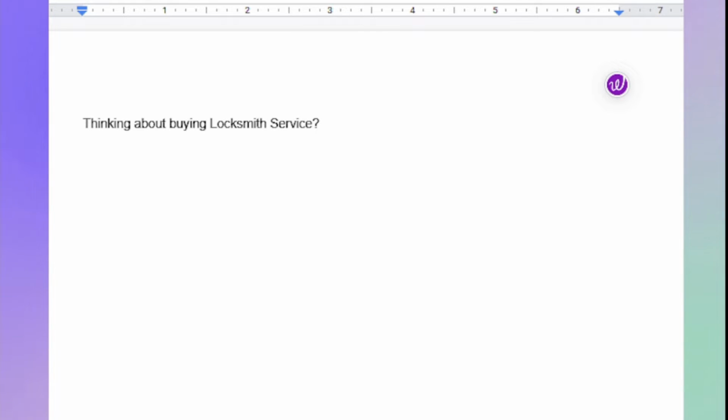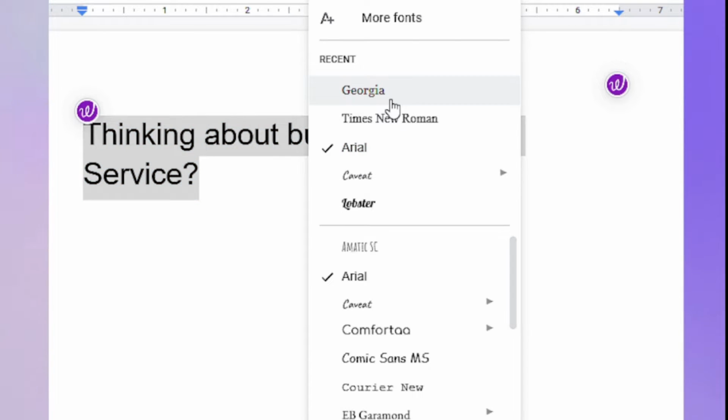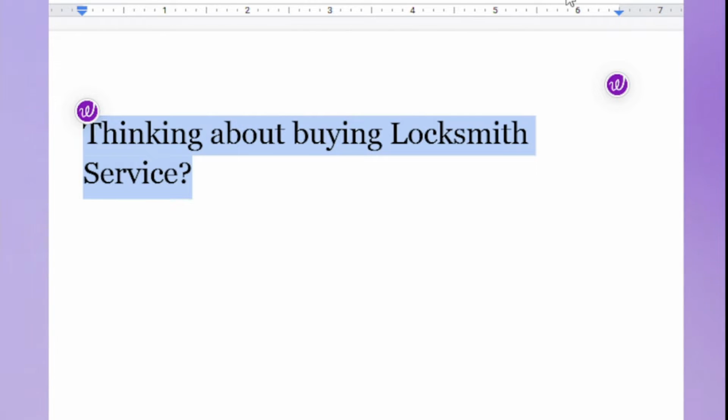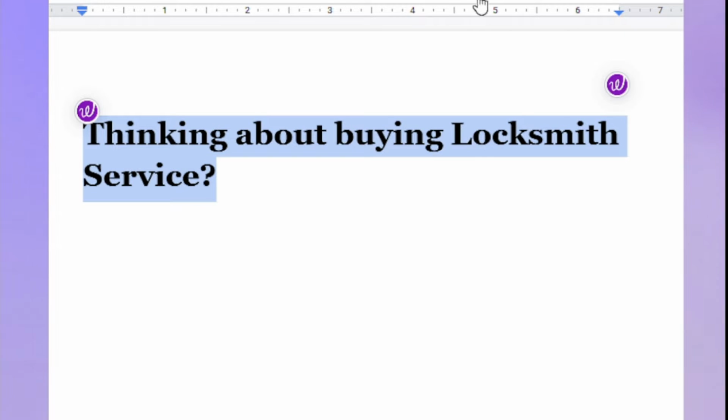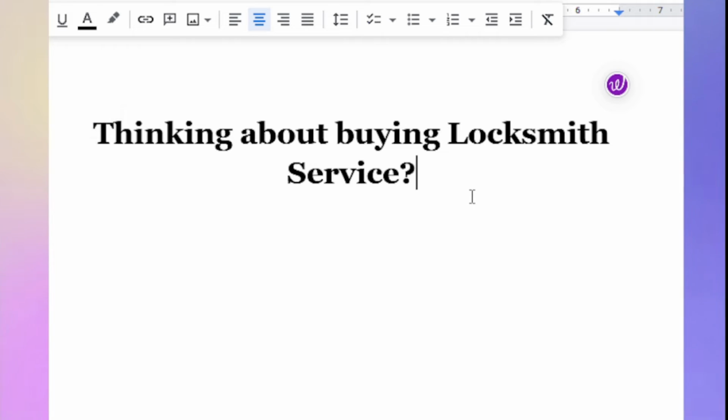So let's make it a title, Georgia, and bold it, and let's underline it. Okay, this is our headline.